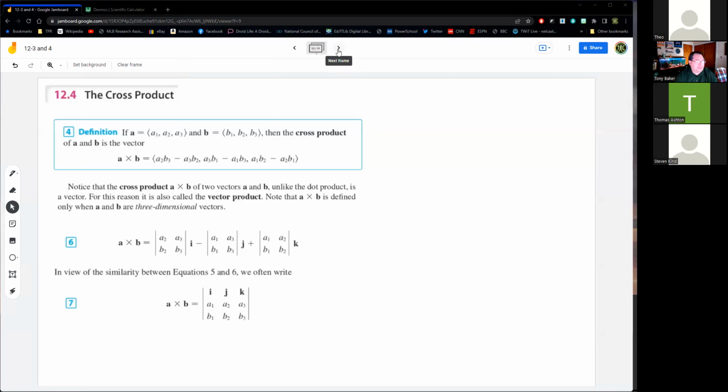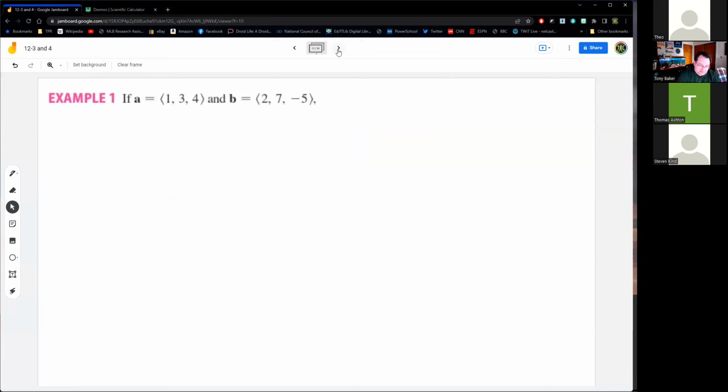All right, so let's use this. So the cross product of A and B, in this case, is I, 1, 3, 4, 2, 7, -5. So that's set up as the 3-dimension matrix.